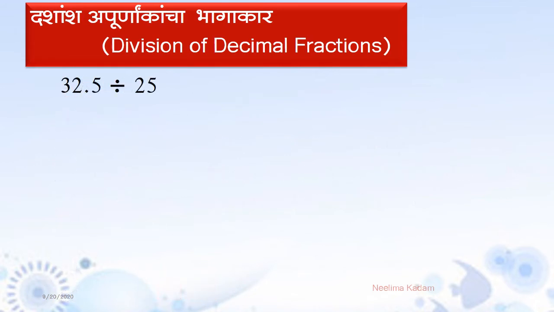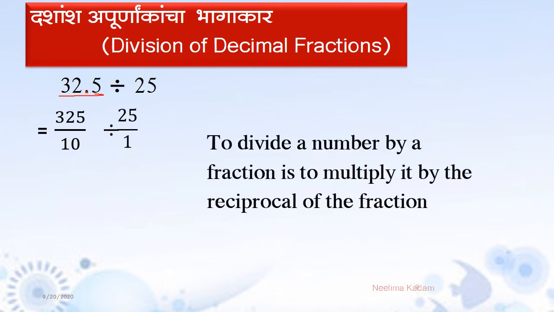Try one more sum. 32.5 divided by 25. First write this decimal fraction as a common fraction. So it will become, only one number after the decimal point, 325 upon 10 divided by 25 upon 1. Now dividing means multiplying by the reciprocal. So the reciprocal of 25 upon 1 will be 1 upon 25.